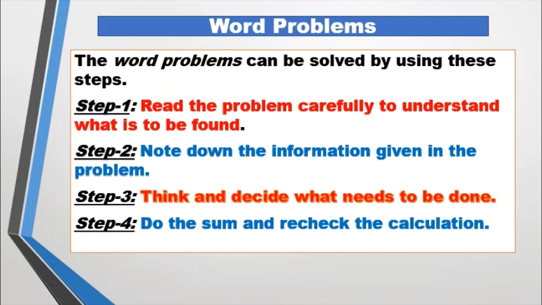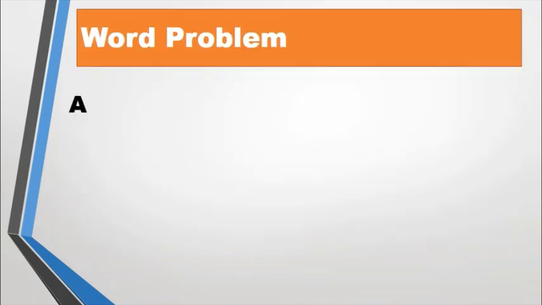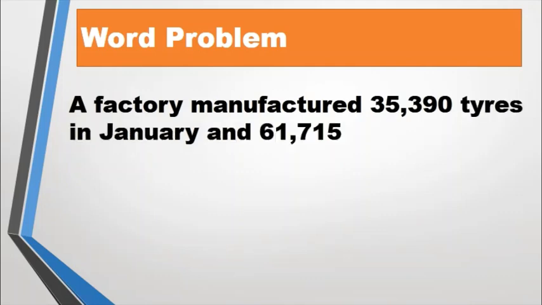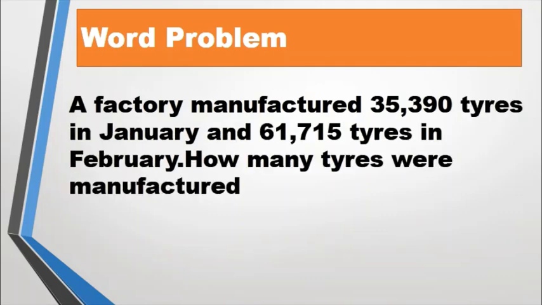Okay, children. Example, word problem. A factory manufactured 35,390 tires in January and 61,715 tires in February. How many tires were manufactured by the factory?